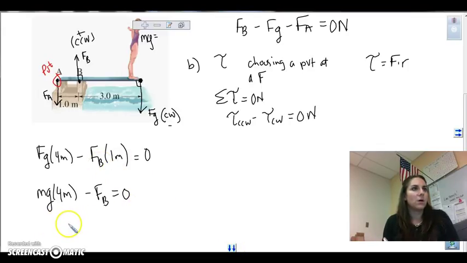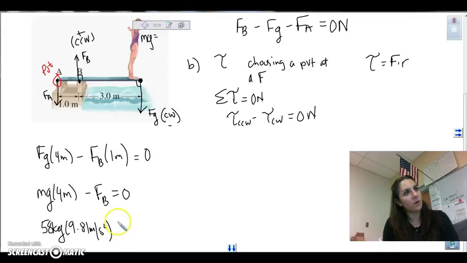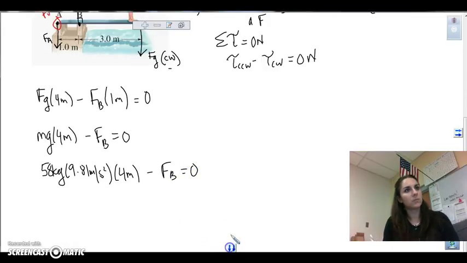So what we have is M is 58 kilograms times 9.81 times 4 minus FB equals 0. 58 times 4 times 9.81, 2275.92 newtons minus FB equals 0.